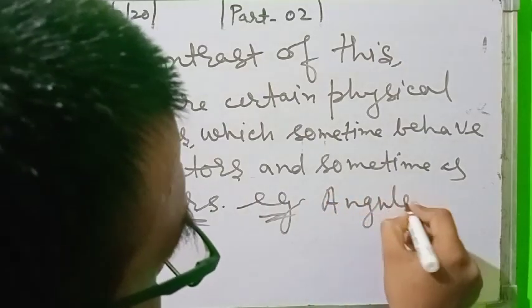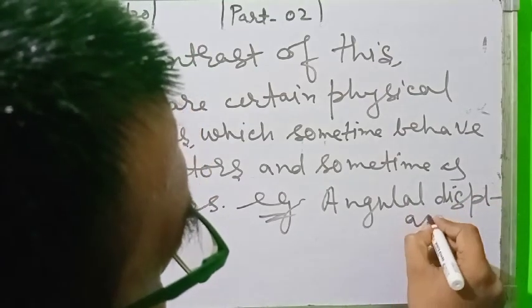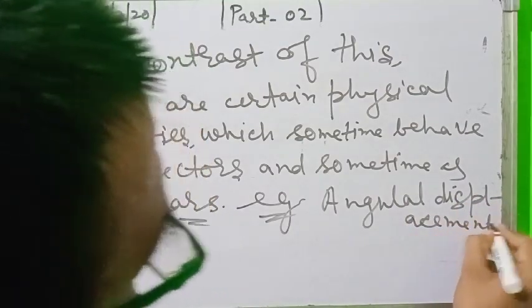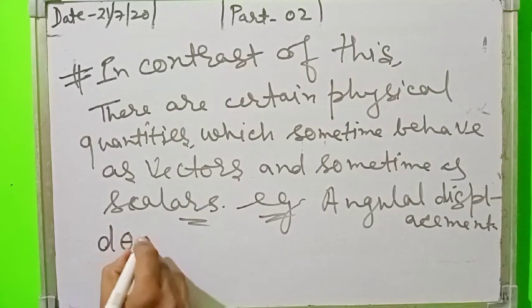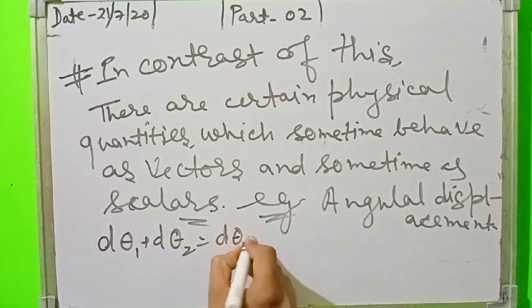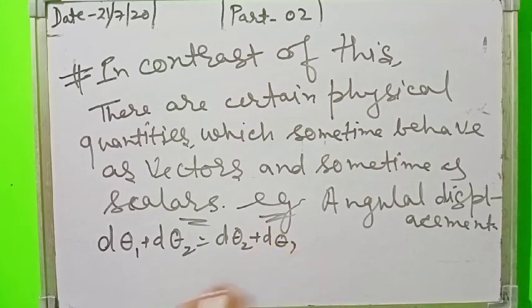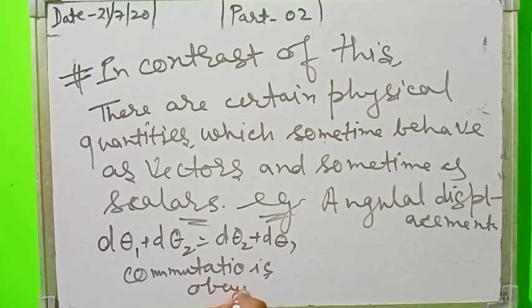This is an axial vector, but for a small angular displacement, d theta 1 plus d theta 2 is equal to d theta 2 plus d theta 1. Commutation is obeyed, so it is a vector.